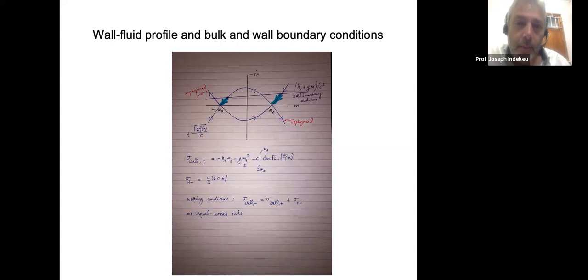Then in the upper half plane of this picture, we must follow the arrows from right to left, because in the upper half plane, minus m dot is positive. So m dot is negative.